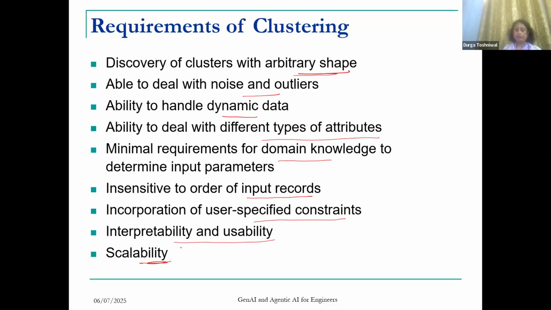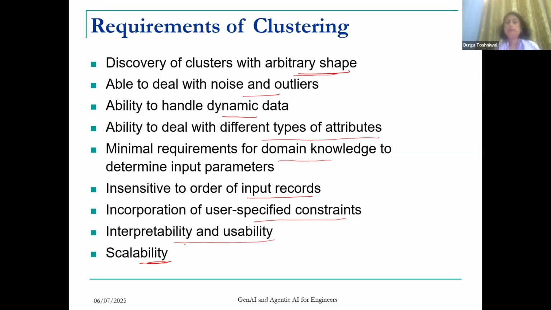And the method should be scalable. That is, if the amount of data increases, the method should still give the same performance and it should not fail just because the volume of the data increased. So this is not an exhaustive list. These are some of the important properties that any clustering algorithm should satisfy.